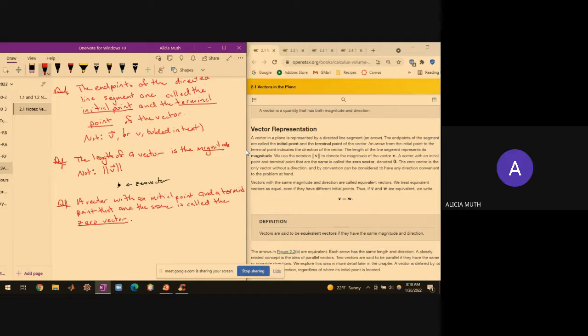And once again, it's denoted with that bold zero, not letter O, number 0. So I'm going to use my zero vector notation, the same as I did up above.